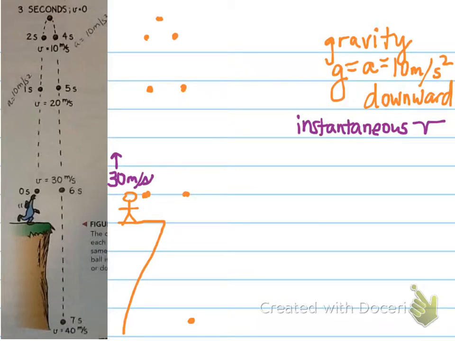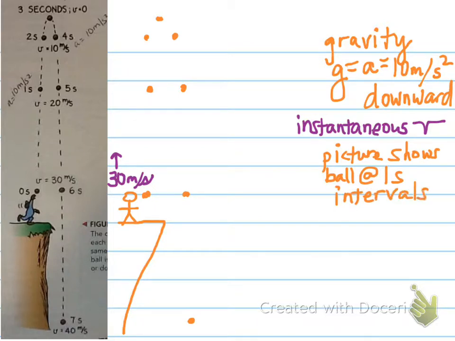So we can also put here that our picture shows the ball at 1 second intervals. What we see next here is where the ball is 1 second later.